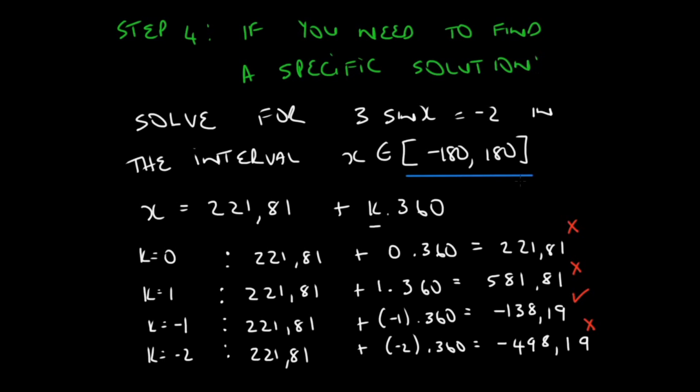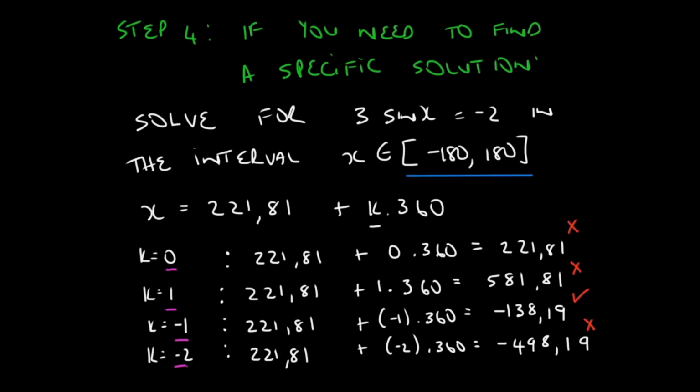You are generally going to substitute 0, 1, -1, and oftentimes -2. Most of the times, -2 is out of the interval. So all I did here was show you why we often don't substitute it, but you'll be able to pick it up in terms of your solutions as to whether or not you need to go as far as -2.